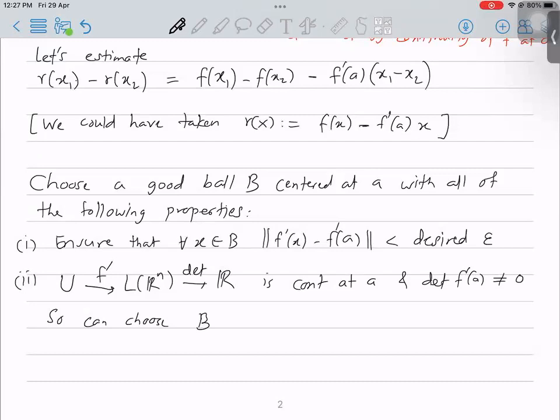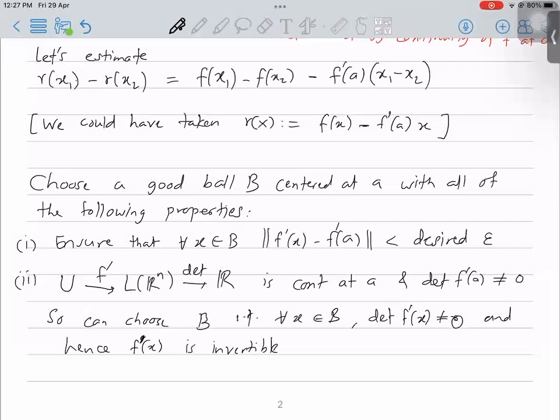In other words, I can make the ball small enough so that f prime of x at every point in that ball will continue to have non-zero determinant, such that for all x in B, the determinant of f prime of x is non-zero, and hence f prime of x is invertible.